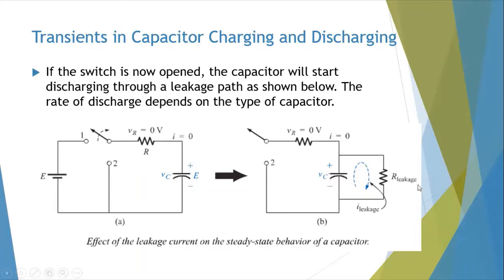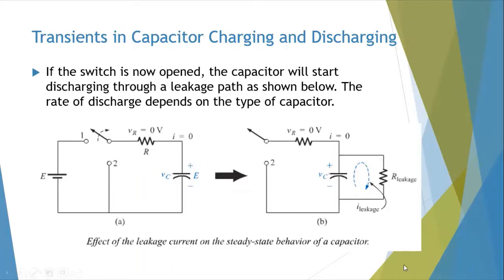For example, if you place it in a vacuum, where there's no contact with air and so on, then maybe it will not discharge that fast or not at all. So in an ideal case, R leakage is so large that you can assume it to be an open circuit. In the ideal case, your time constant becomes infinite, meaning it will never discharge.